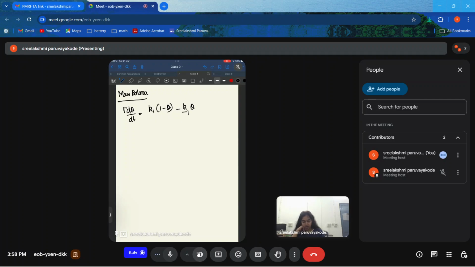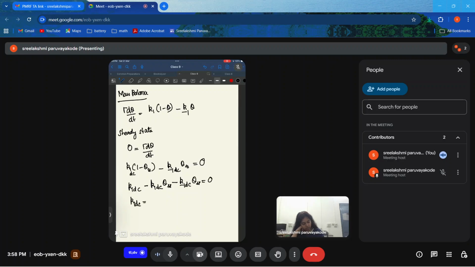Now, the first step is to write the steady state mass balance. At steady state, gamma d theta by dt becomes equal to 0. So you have K1 dc (1 minus theta SS) minus K minus 1 dc theta SS equal to 0. K1 dc minus K1 dc theta SS minus K minus 1 dc theta SS equal to 0.